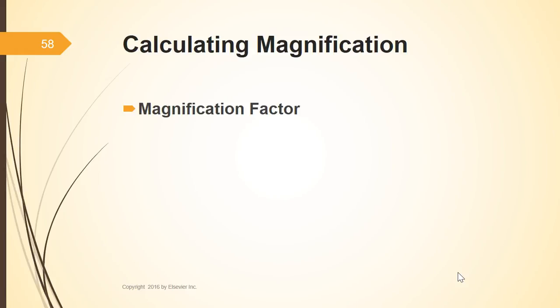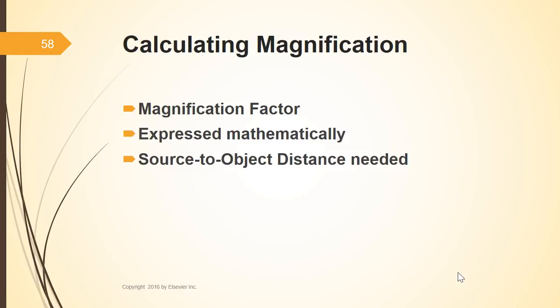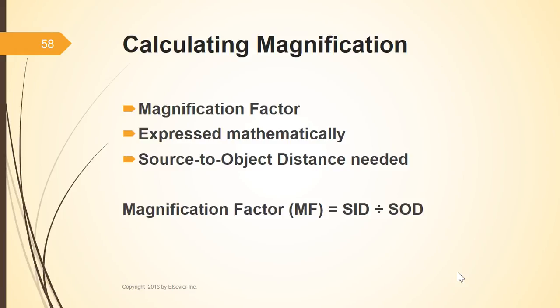The magnification factor indicates how much size distortion or magnification is demonstrated. It is expressed mathematically using the formula right here. Magnification factor is equal to the source to image distance divided by source to object distance.